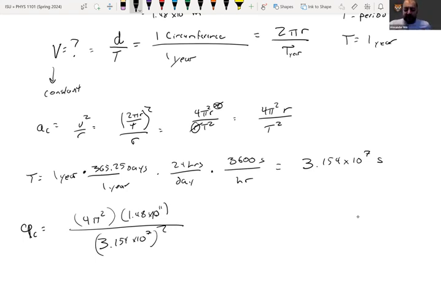So that's going to be about 40. About 40 times 1.4 times 10 to the 11th gives us something times 10 to the 12th. The denominator is going to be 10 to the 14th or 10 to the 15th. So we should expect something in the ballpark of 10 to the negative third.